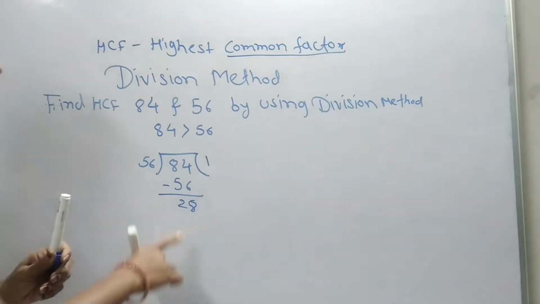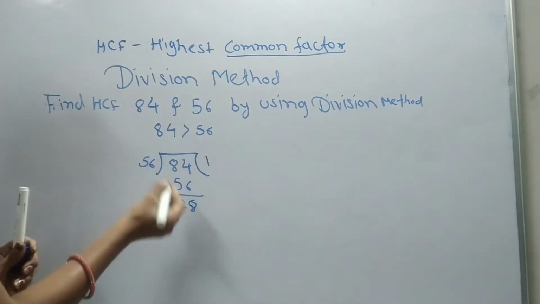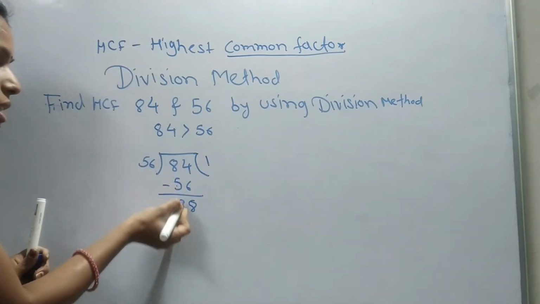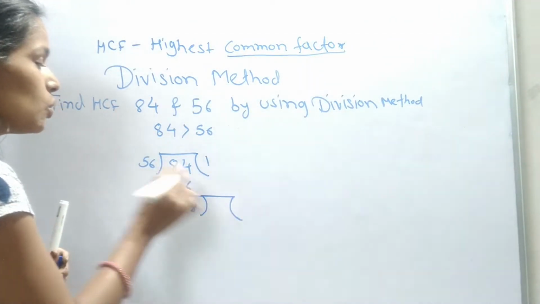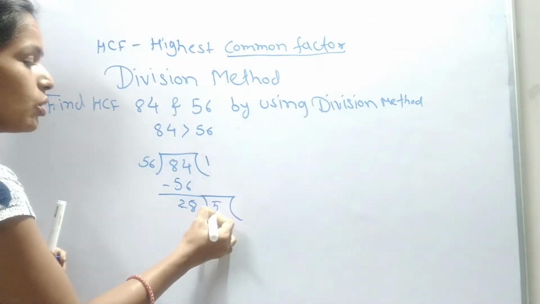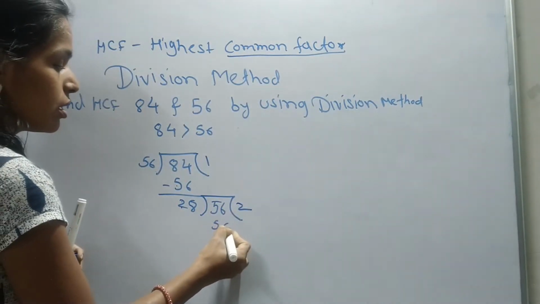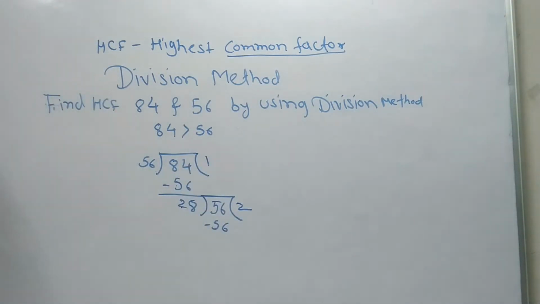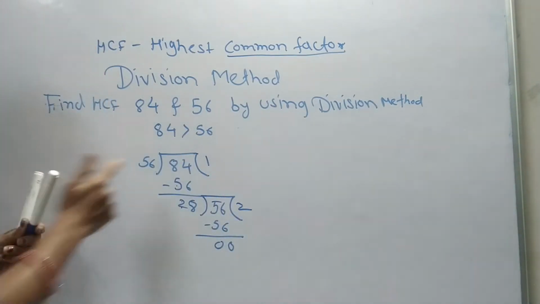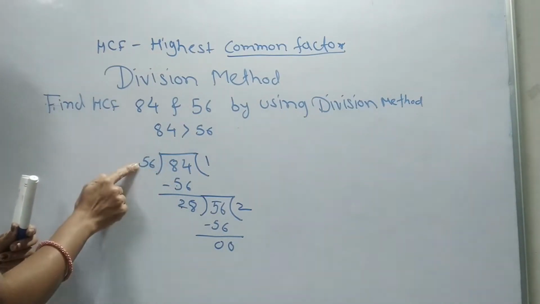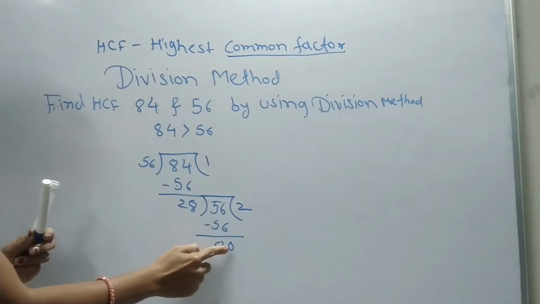Okay. Now what we have to do, अब इस 28 से हमको सेकेंड जो हमारा नंबर है उसको डिवाइड करना है. 84 माइनस 56 किया, इससे जो रिमाइंडर हमको मिला है, we have to divide by it the previous divisor 56. So 28 2s are 56, and this process we have to do till the 0 comes in the remainder. ये प्रोसेस कब तक करना है? 0. क्या करना है? डिवीजन आएगा, उसका जो रिमाइंडर आया है, रिमाइंडर से प्रीवियस डिवाइजर को डिवाइड करना है. ठीक है. अब यहाँ पे अगर 0 नहीं भी आता था तो हम क्या करते थे?